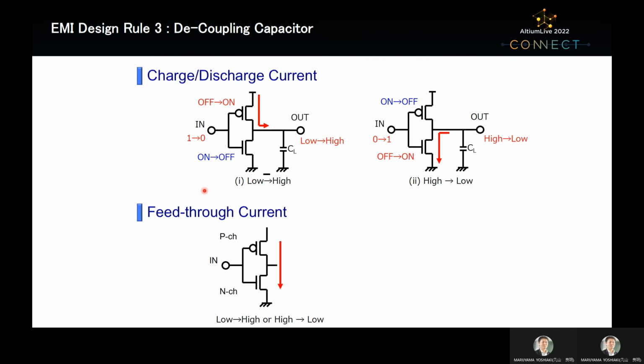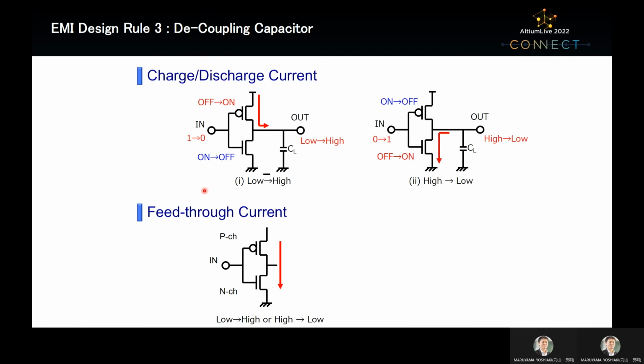And when the signal goes from high to low level, current flows from the signal trace to the ground pin of the driver IC. When the signal operates, it flows between the power and ground as a noise source in this way.